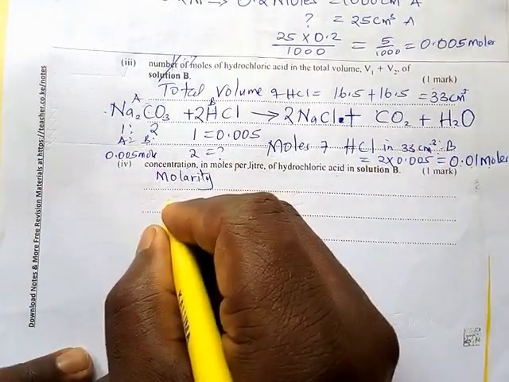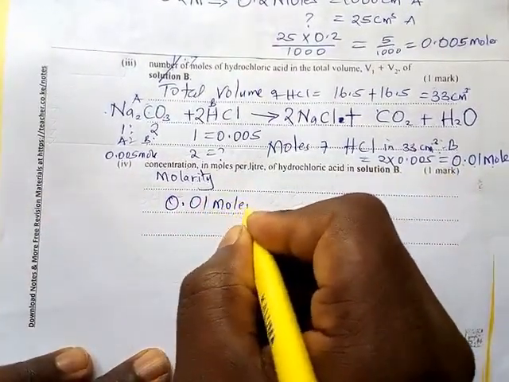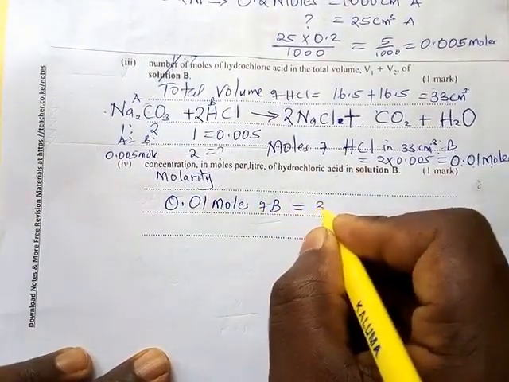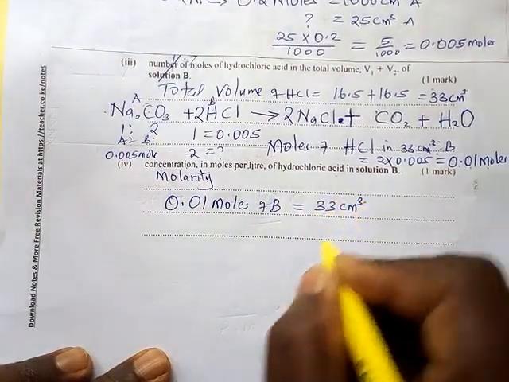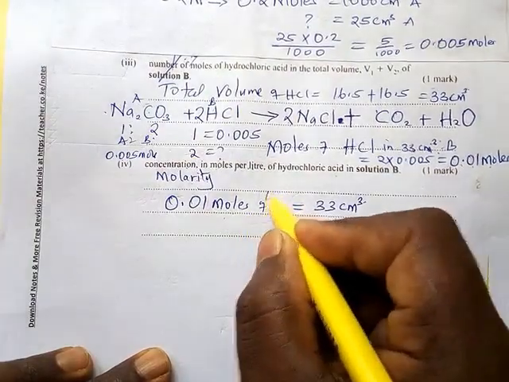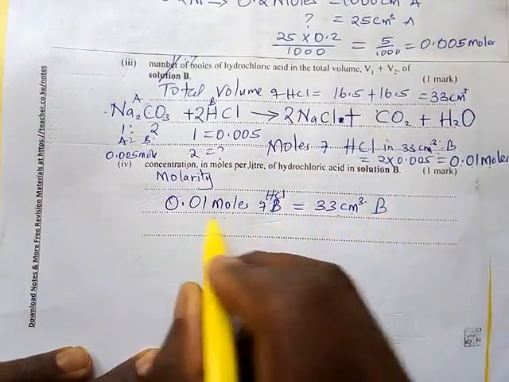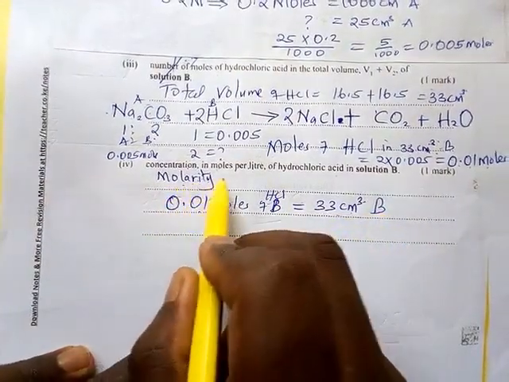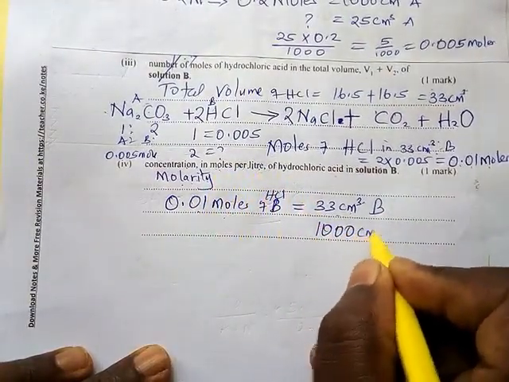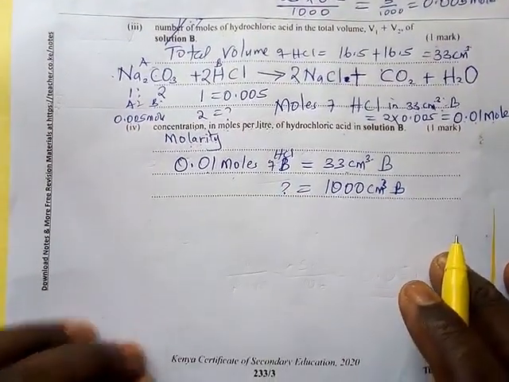So we will ask that 0.01 is the number of moles of HCl, which is B, in 33 centimeters cube. 33 centimeters cube of B contains these moles. Molarity is the number of moles in 1 liter, moles per liter. So we will ask, what about 1,000 centimeters cube of B? 1,000 centimeters cube of B will contain how many moles?